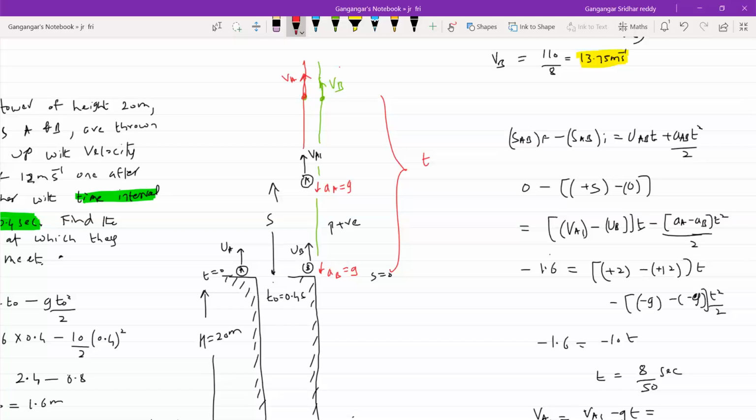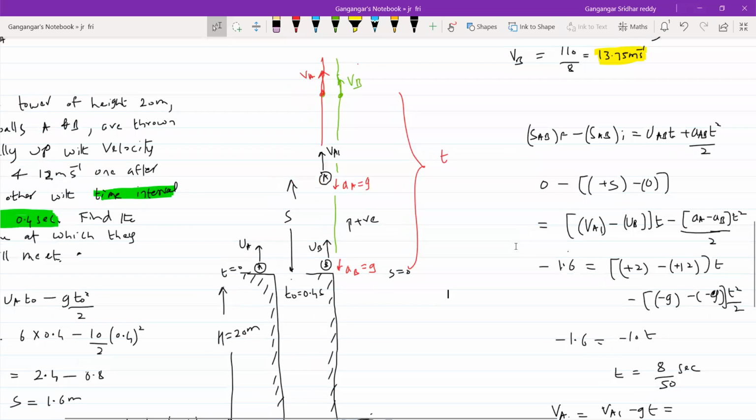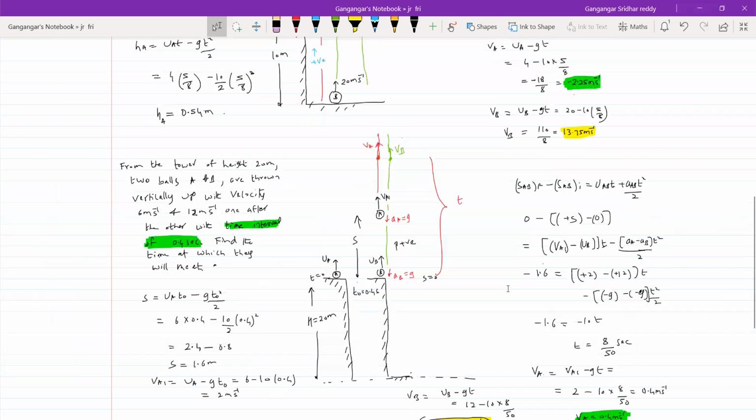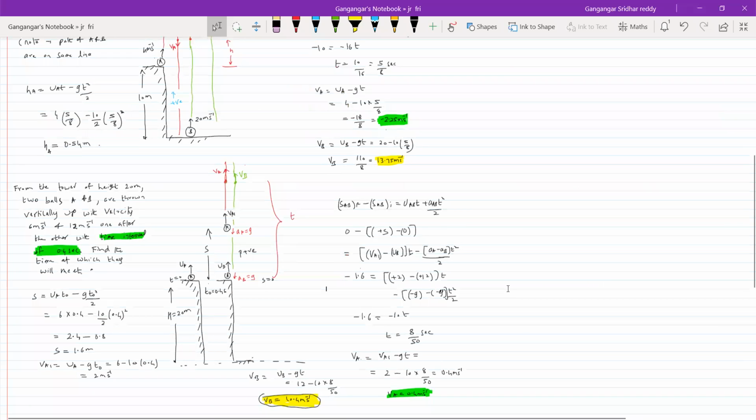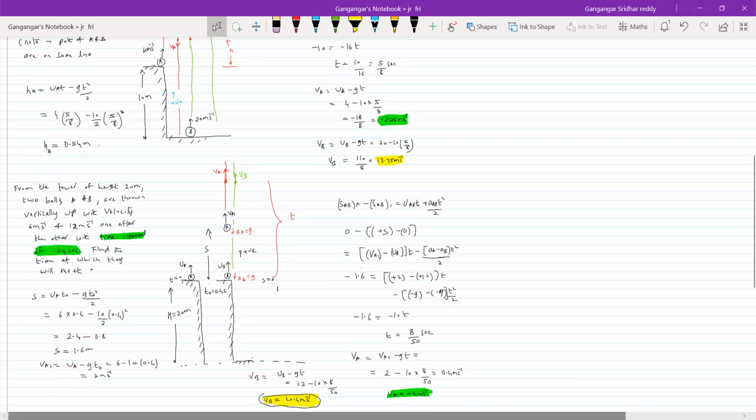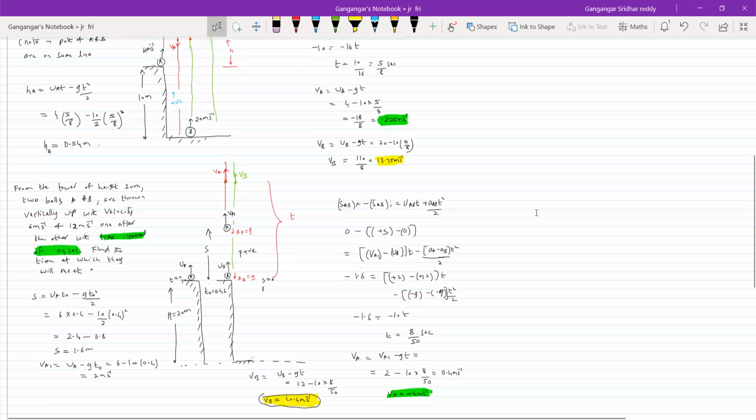The entire problem, I'll show it. At what time will they meet, sir? If you're measuring with respect to projection of A, T plus T naught.